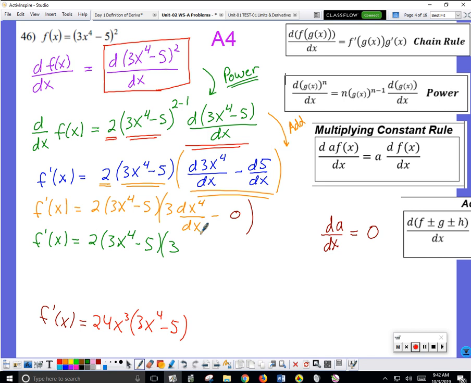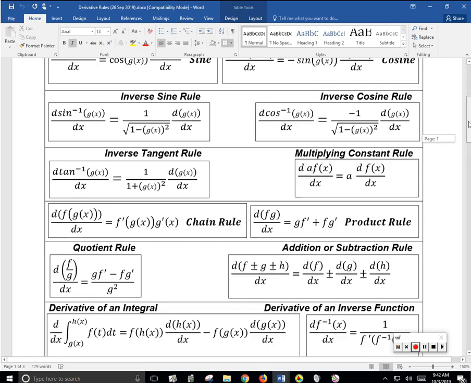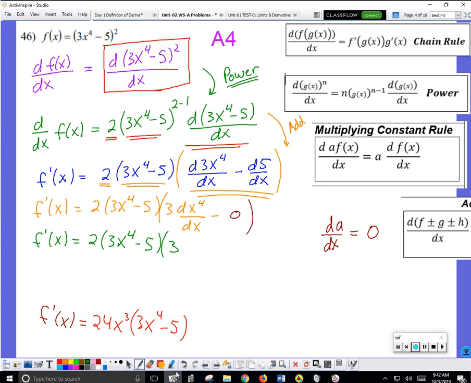So I've got to do something with this dx to the 4th over dx. So you have to find a rule on the rule sheet that matches. And what you're looking for is the left side of each rule. One of these rules on the left side will look just like this: d of x to the 4th over dx. So hands up.